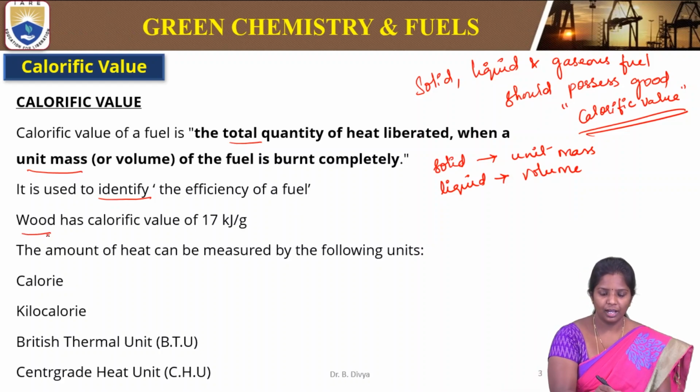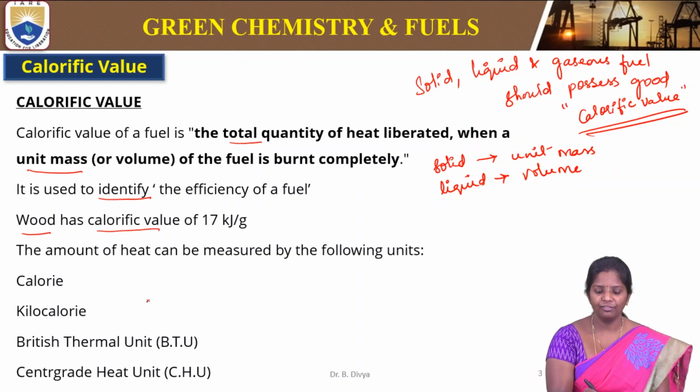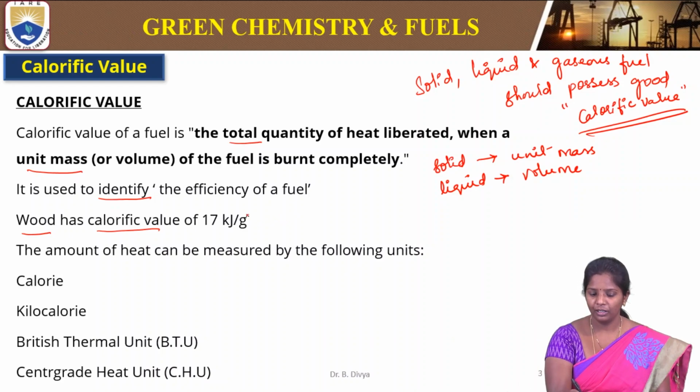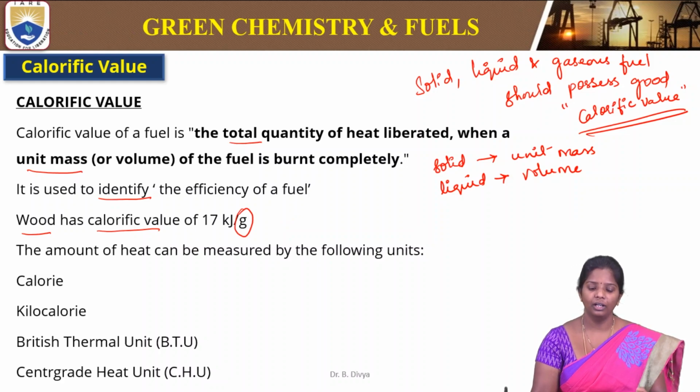For example, wood, a solid fuel, has a calorific value of 17 kilojoules per gram. So for only 1 gram of wood, we have 17 kilojoules of energy liberated when it is burnt completely.